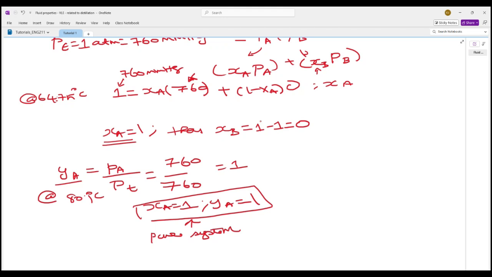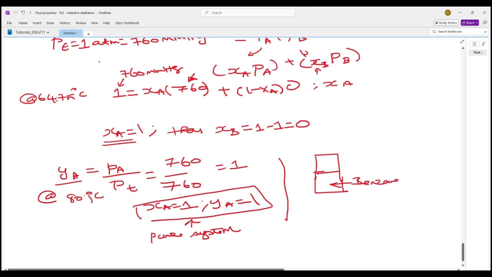Many students really struggle to understand this concept. In an xy diagram, you have 1 comma 1 at one particular temperature, and 0 comma 0 at another particular temperature. If you find it very difficult to understand, just assume that you are doing an experiment. Begin with just benzene, for example.